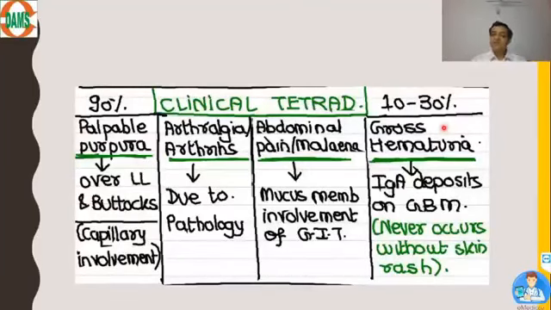So the patient can present with hematuria. It never occurs without the skin rash, and that is the way to differentiate. In nephrology, you will learn the topic IgA nephropathy.